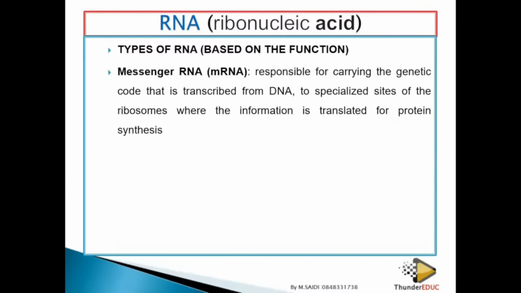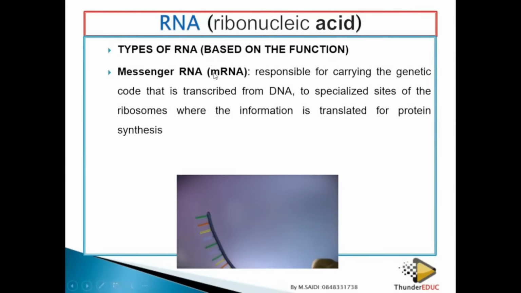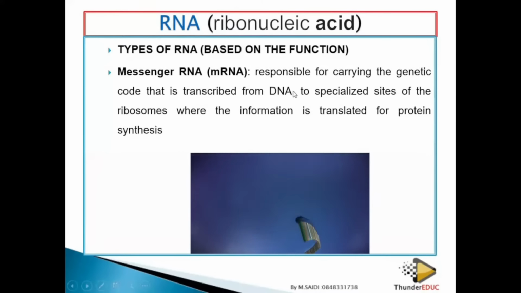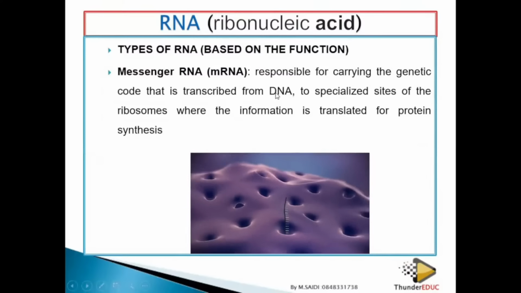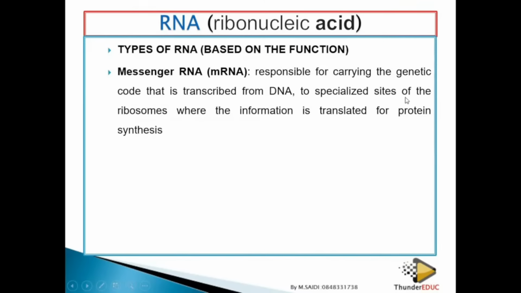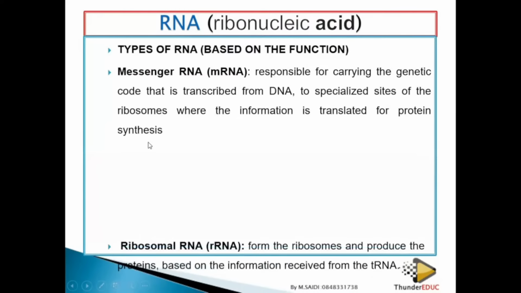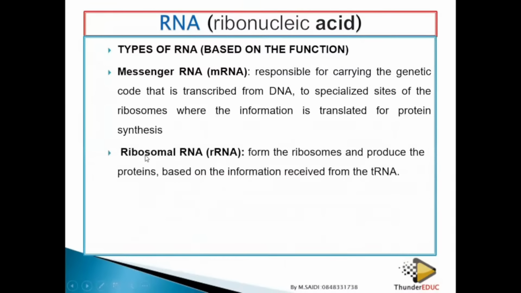Number 1, we have messenger RNA. As you hear the word, it is a messenger responsible for carrying genetic information transcribed from DNA. It carries it from DNA and takes it to the cytoplasm or to the ribosome so that protein synthesis can be made. Then number 2, you have ribosomal RNA.